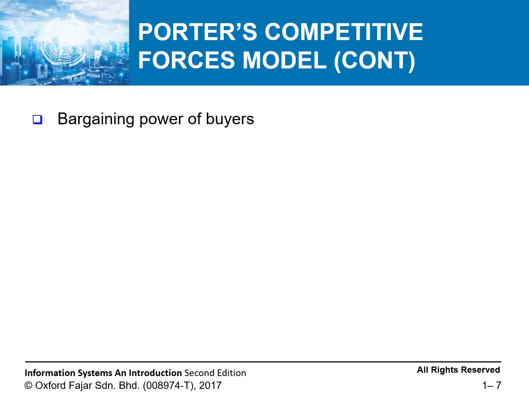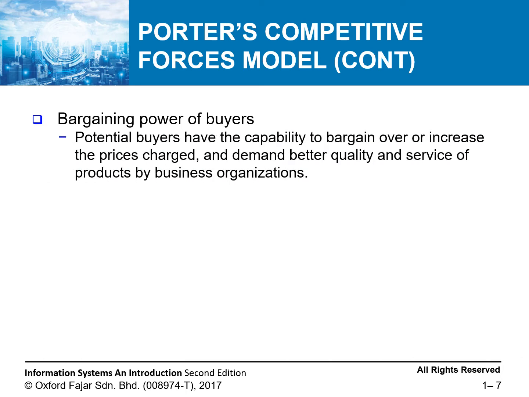So this is more explanation on the five forces in the Porter's competitive model. So the first one is bargaining power of buyers. So I have mentioned before about each of the forces in this Porter's competitive model. So this is the first one, bargaining power of buyer.